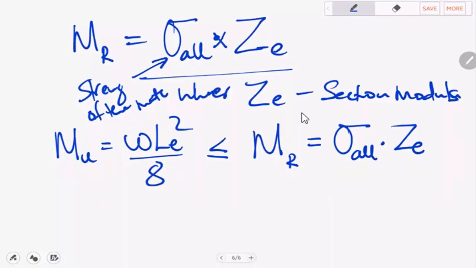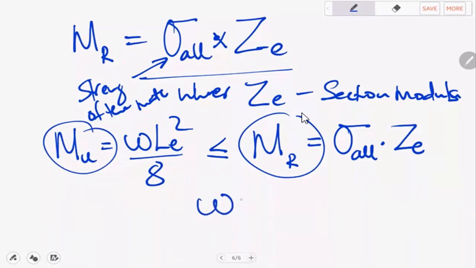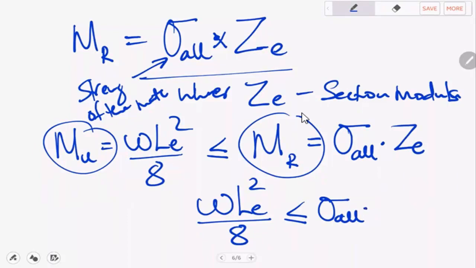Right? So which means we are looking at the situation in which omega L_E squared over 8 is less than or equal to sigma allowable multiplied by Z_E.